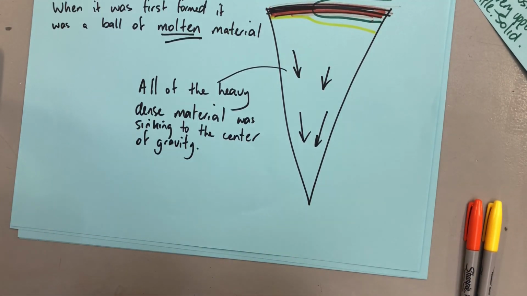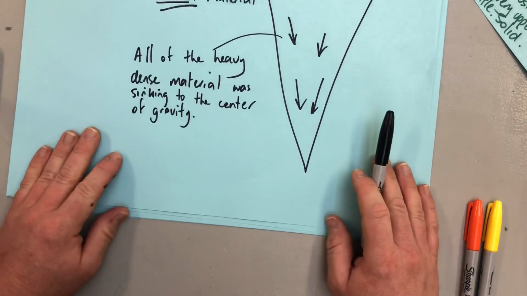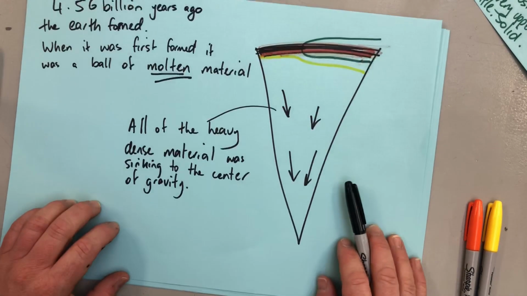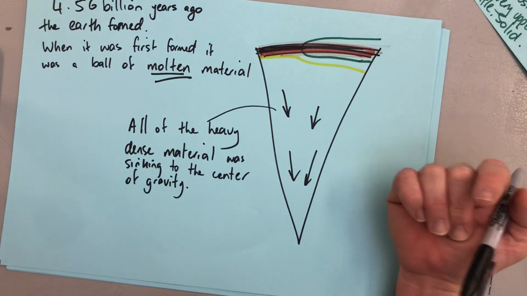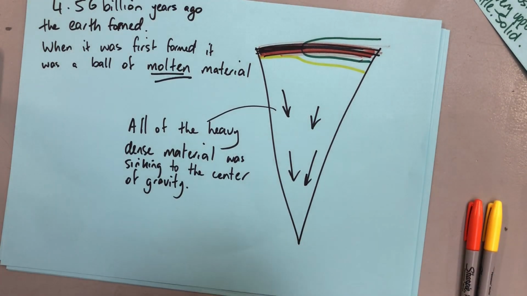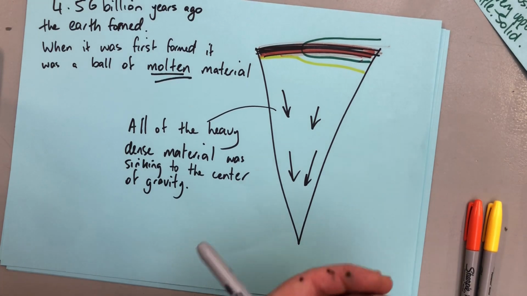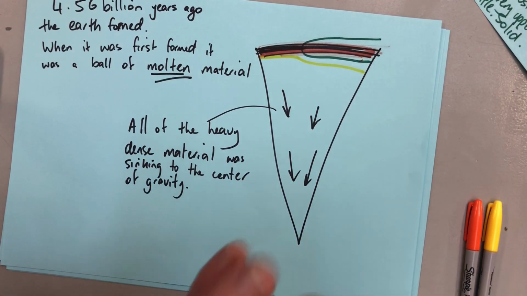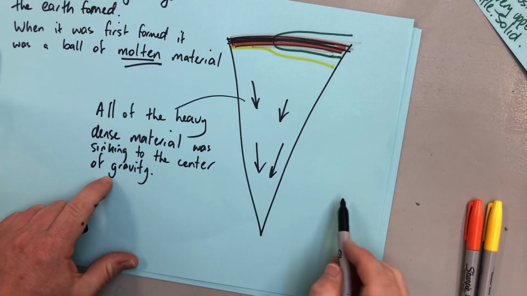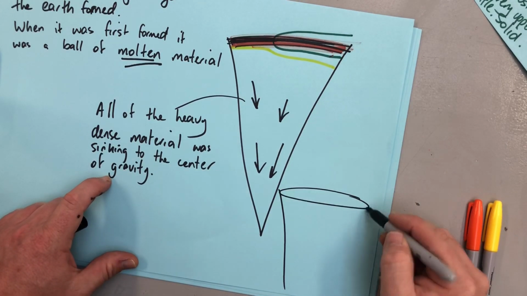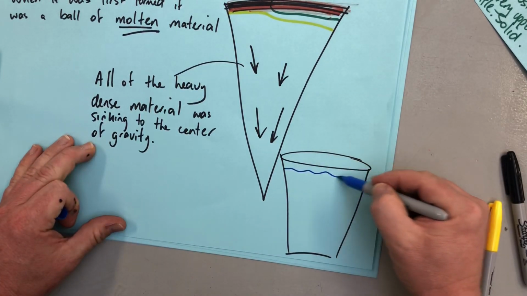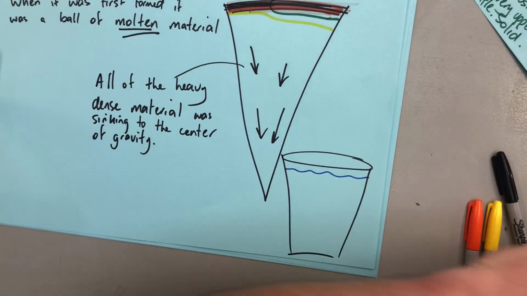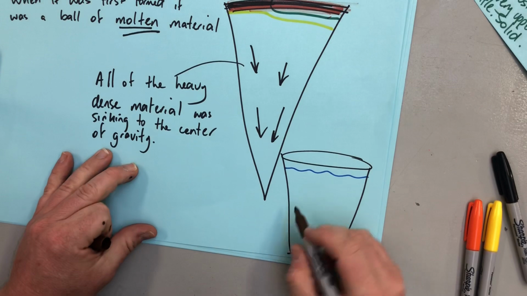So that's why we have those layers. We have these layers because they're made of material that sank first. If you wanted to try this in practice, dig a big pile of dirt up from the garden and pour it into a glass of water. And what you'll notice is all the heavy rocks will fall to the bottom first.